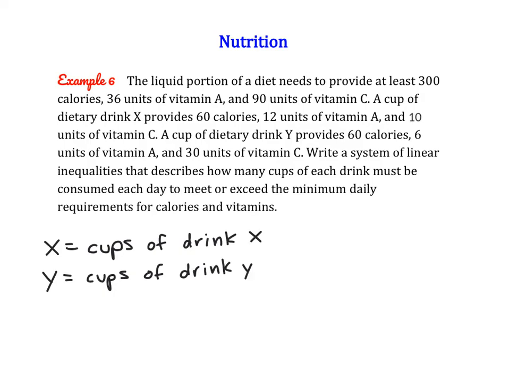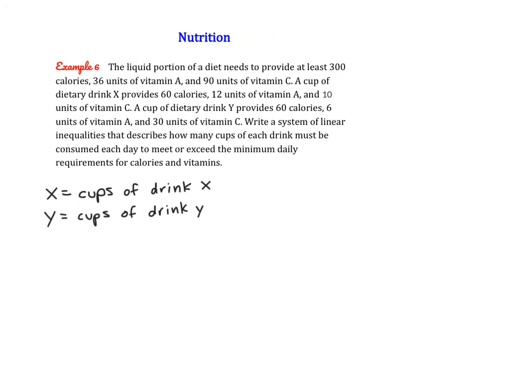So since there are 3 things that have daily minimum requirements, we're actually going to use that to make 3 different equations or inequalities. So there's one for calories, there's one for vitamin A, and there's one for vitamin C. So it says that we have to have at least 300 calories from the drink.